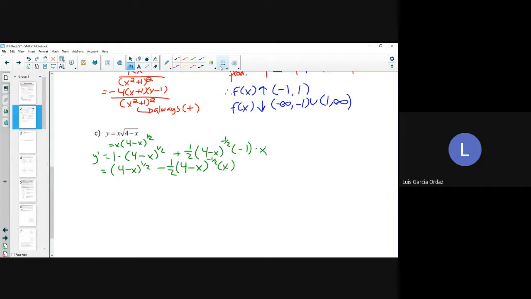So then I can take my x and multiply with my numerator, which means I get times -1/2.